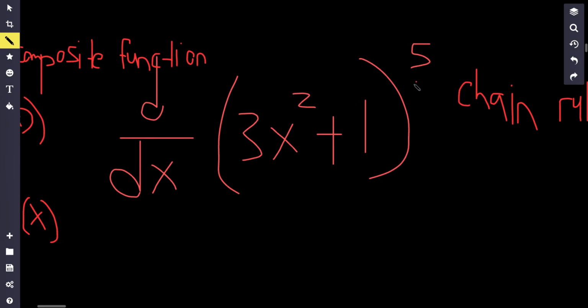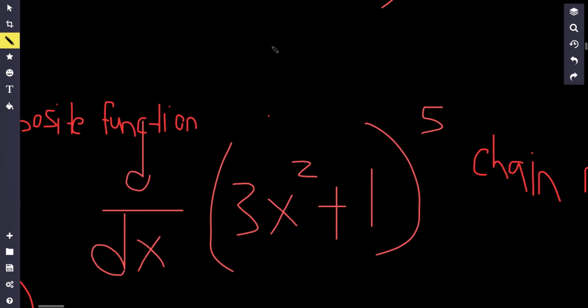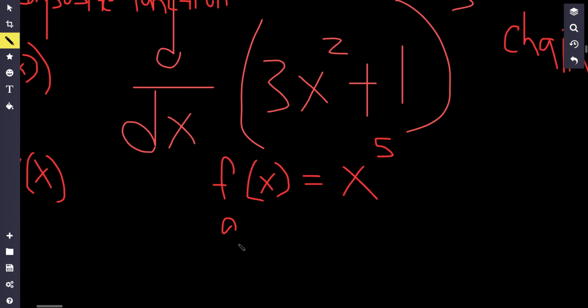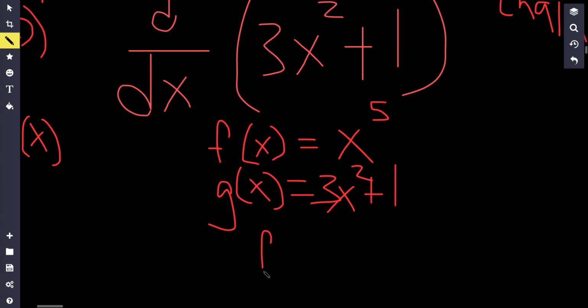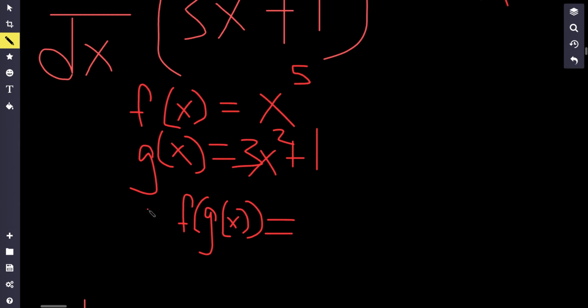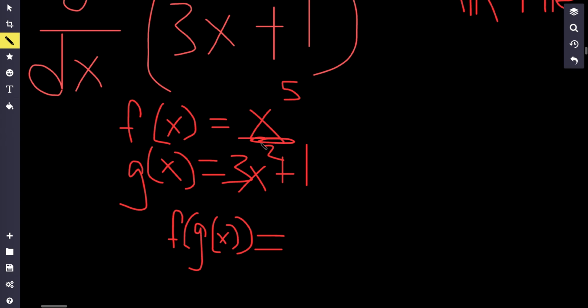This right over here is a composite function, because imagine if we have f of x equal to x to the 5th power, and g of x equal to 3x to the 2nd power plus 1. That means f of g of x is going to be equal to, well, we know that f of x is x to the 5th power, so everywhere we see an x, we replace it with g of x.